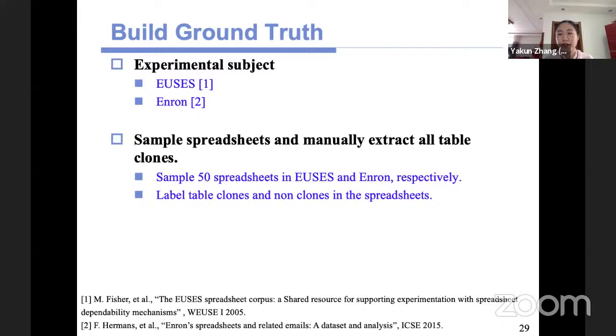We select EUSES and Enron as our experimental subjects. We then started to sample spreadsheets. We randomly choose a spreadsheet from the corresponding corpus and inspect whether it contains table clones. We then sample 50 spreadsheets from EUSES and 50 from Enron and label table clones and non-clones from them.